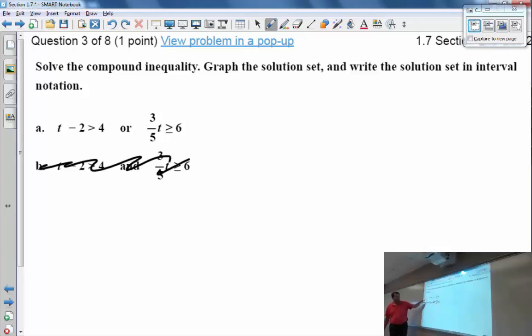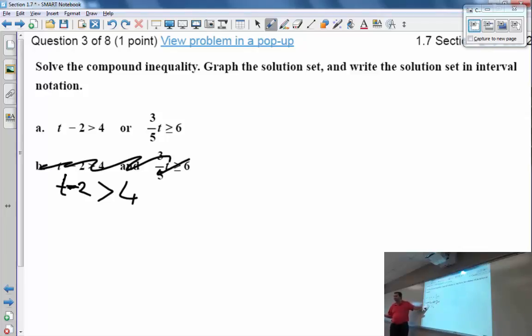Why don't we solve the first one right here? T minus 2 is so easy to solve. You just need to get T all by itself. This T must stay, minus 2 must go.